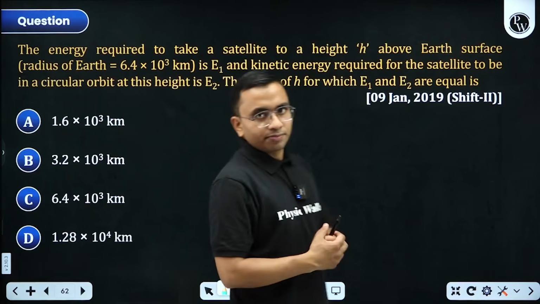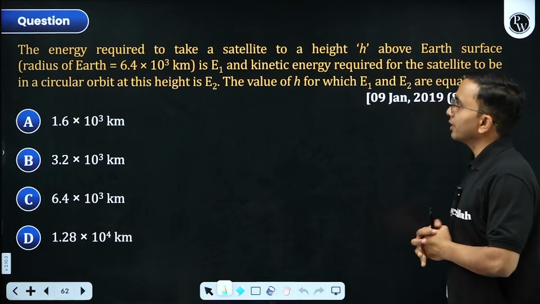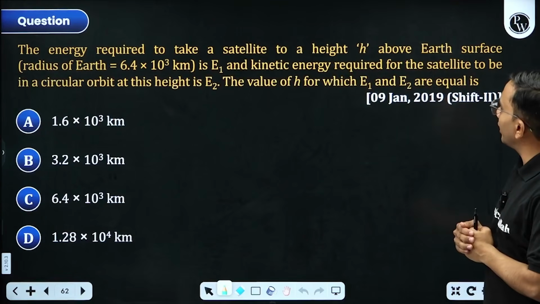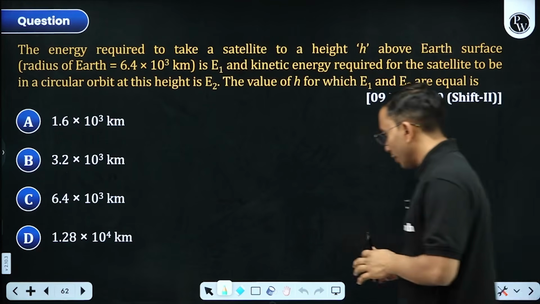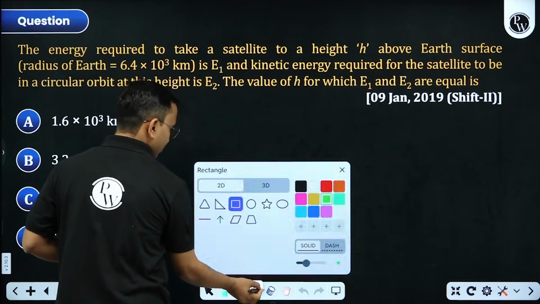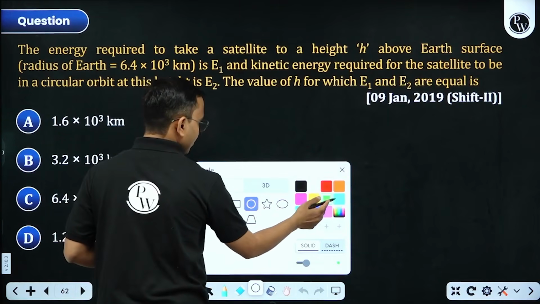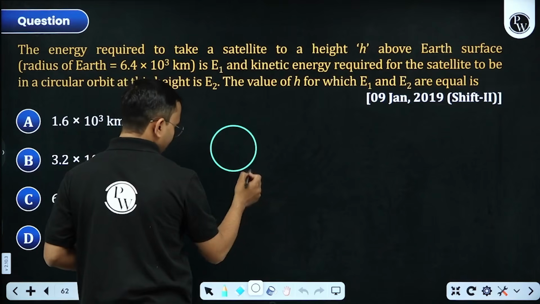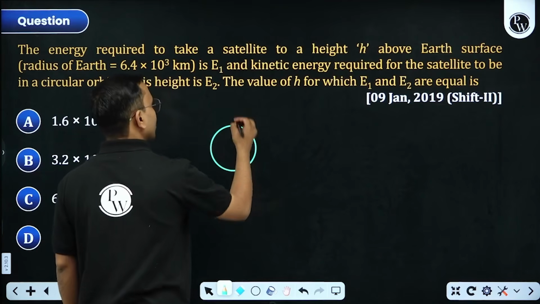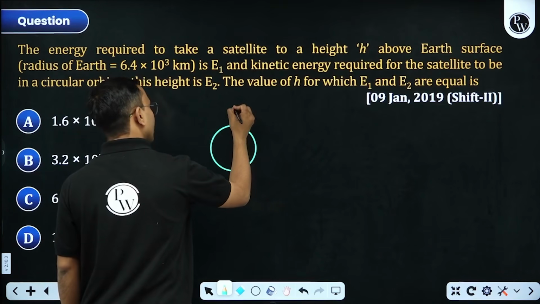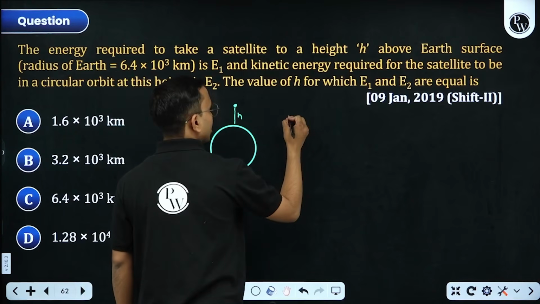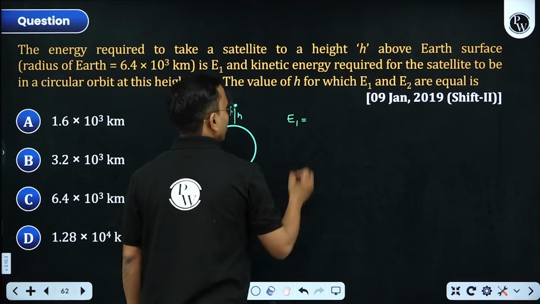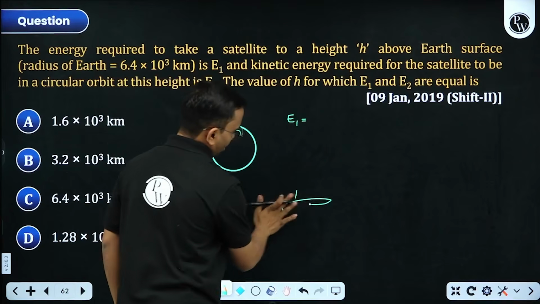Another question, let us read it out. The energy required to take a satellite to height h above the Earth's surface is E1. Okay, so let us consider this is my Earth's surface and you are taking the satellite to a height h here, and the energy required is E1. So how much energy are you giving, taking it slowly?